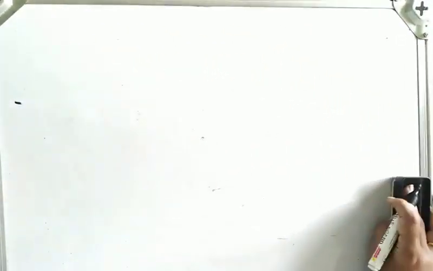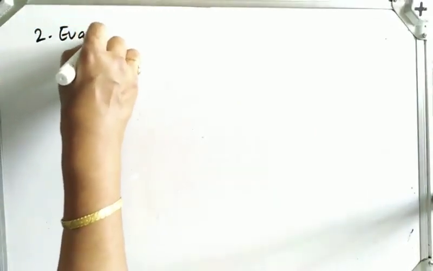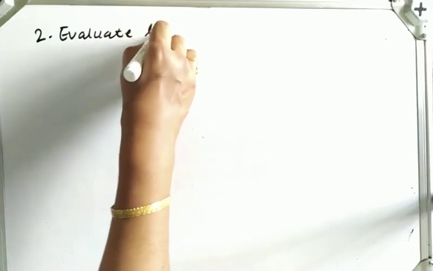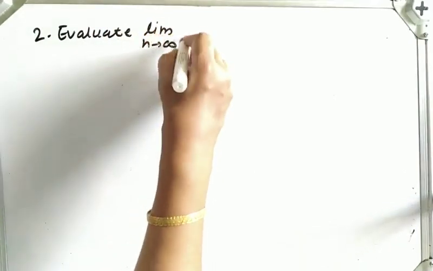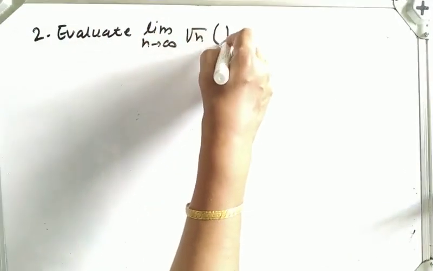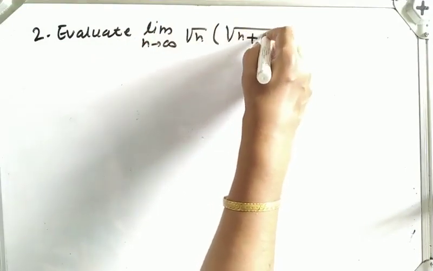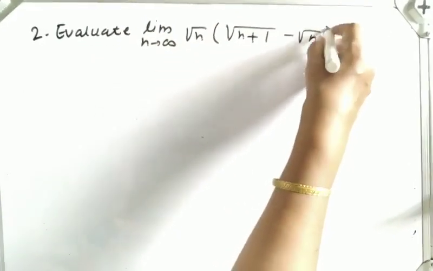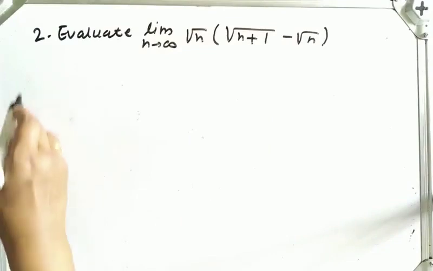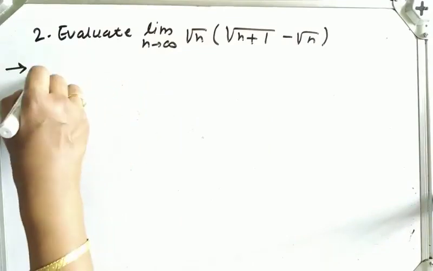Now let us solve the second example. Evaluate limit n tends to infinity root n in bracket square root of n plus 1 minus root n. So what is given?